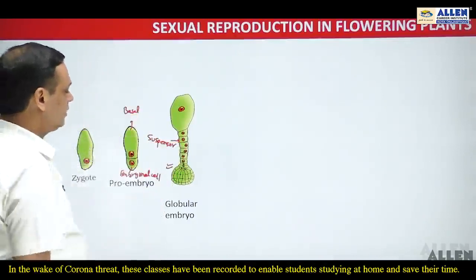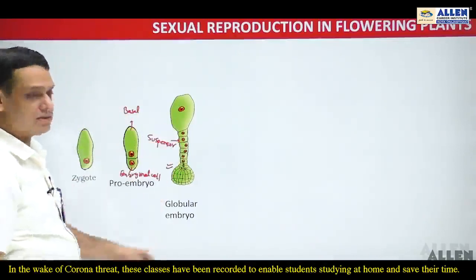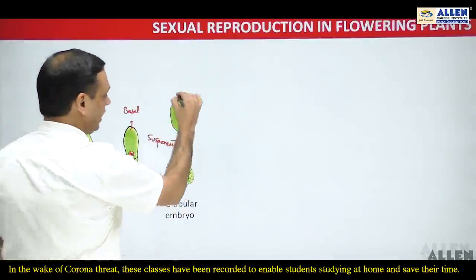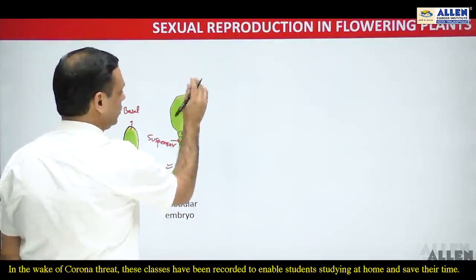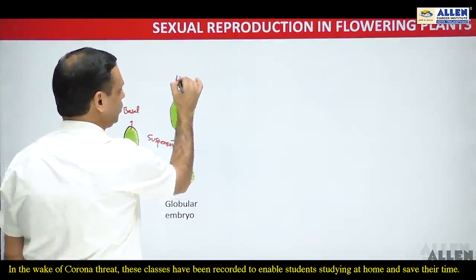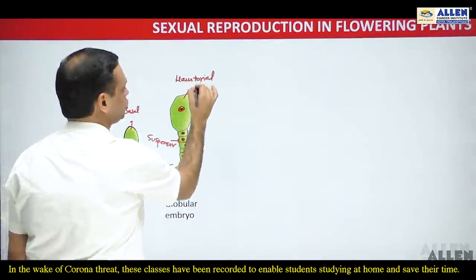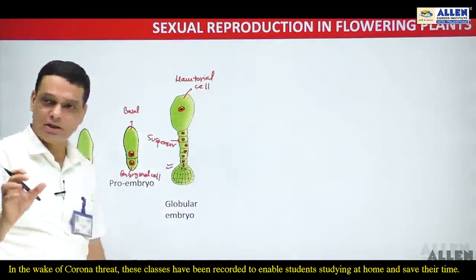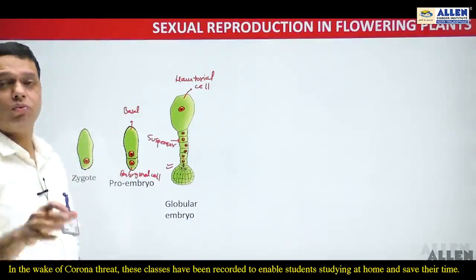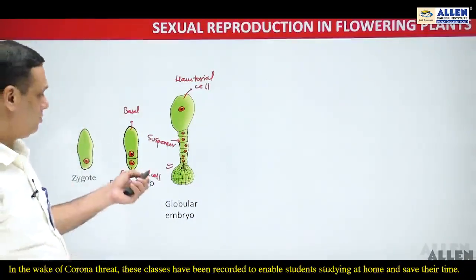Now this suspensor cell gets divided into a 6 to 10 celled suspensor, whose micropylar end swells up and gives rise to the haustorial cell. This haustorial cell helps in the absorption of nutrition from the food laden endosperm.